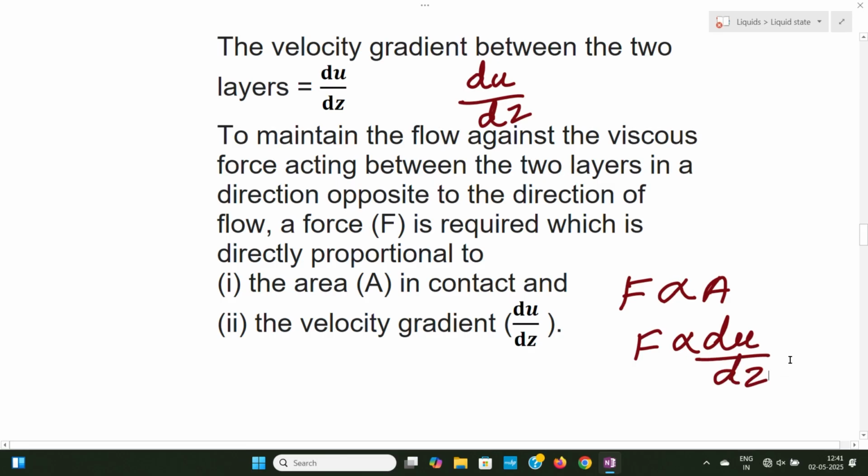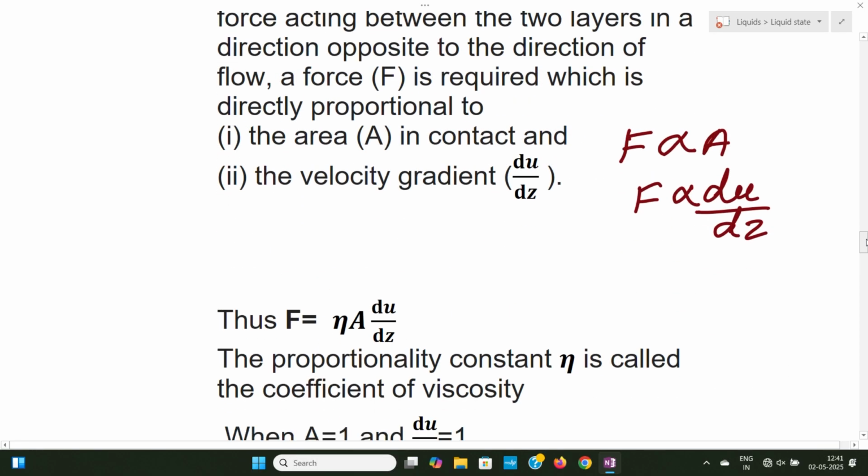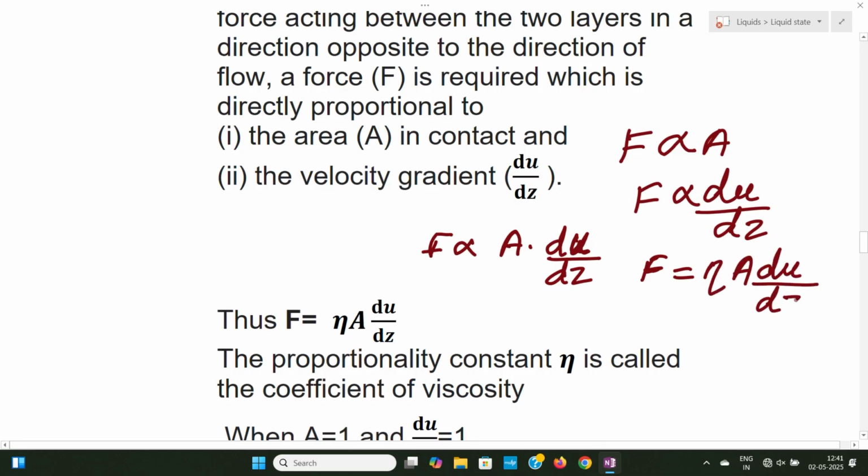So we can write F is directly proportional to A into du by dz. Removing the proportionality, we get F equals eta A du by dz.